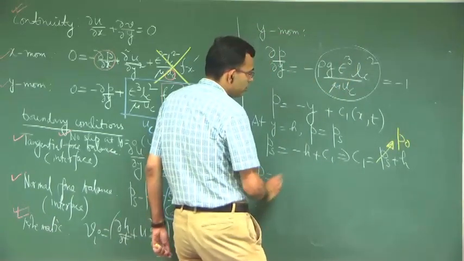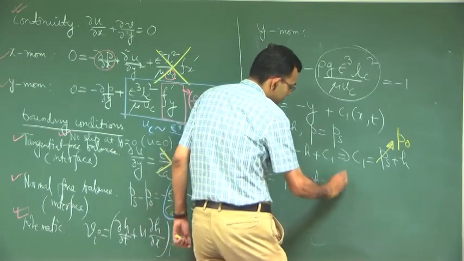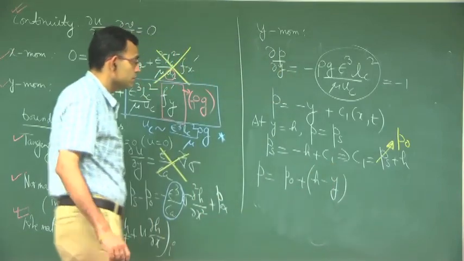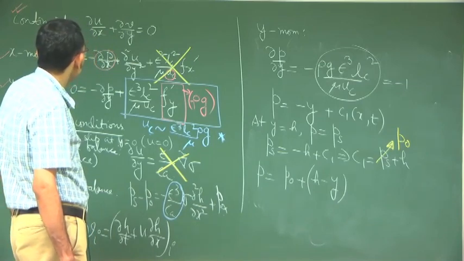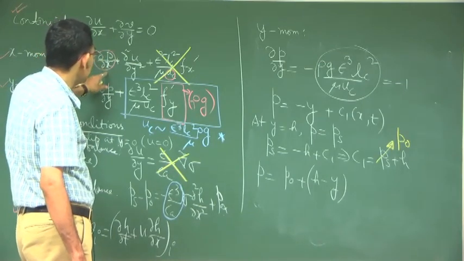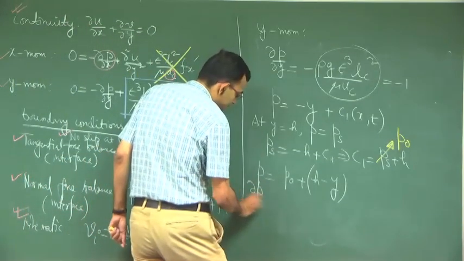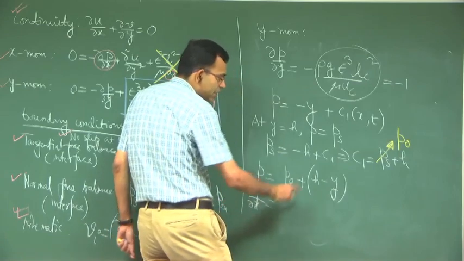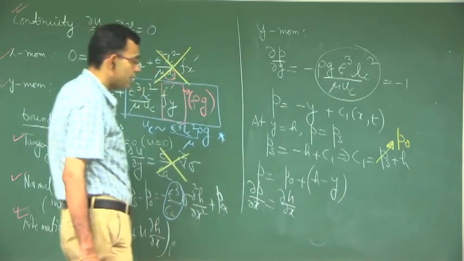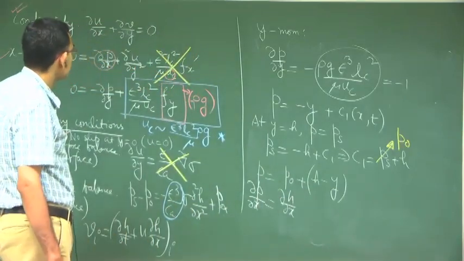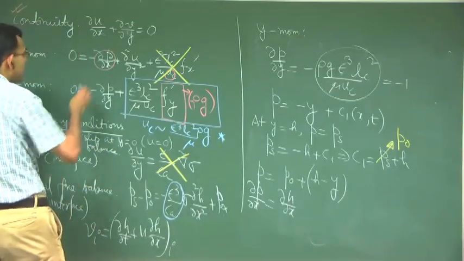So, p equal to p naught plus h minus y. For the x momentum equation you require minus del p del x. So, del p del x, p naught is a constant, its derivative is 0, it will be del h del x, right.